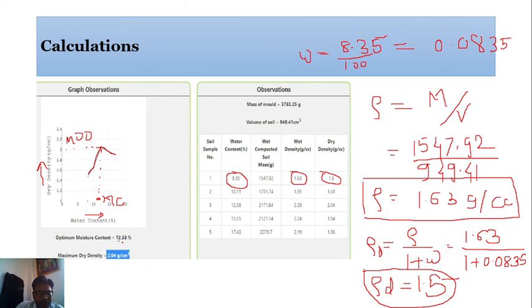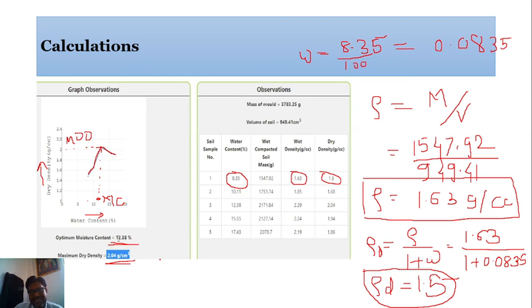From the graph, the optimum moisture content is 12.38 and the maximum dry density is 2.04 gram per centimeter cube. So in this way, we can calculate the dry density or compaction by a standard Proctor test.